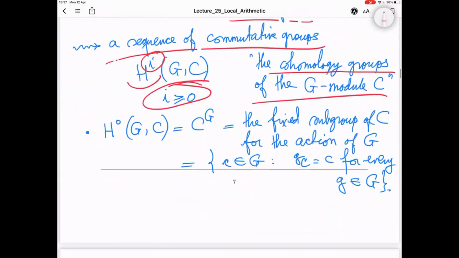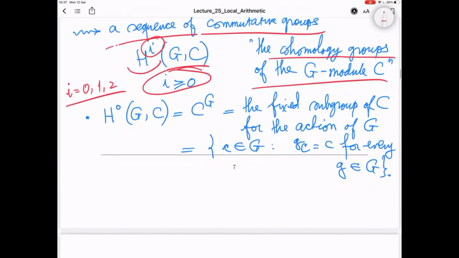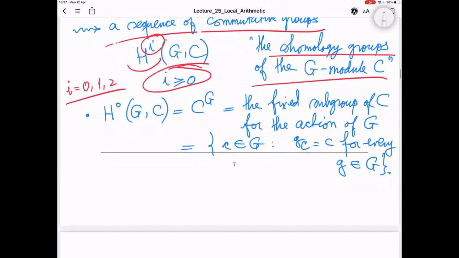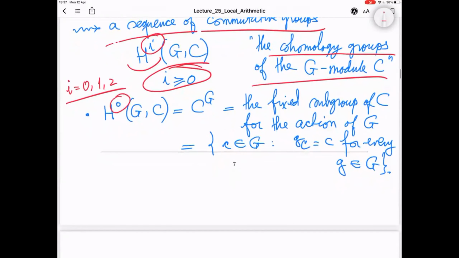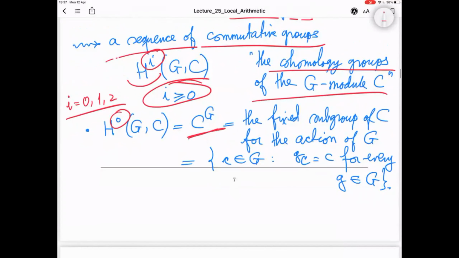So for i equal to at least 0, 1, 2, there are interpretations of these cohomology groups in terms of very concrete things. For example, for i equal to 0, H^0 is simply C^G.